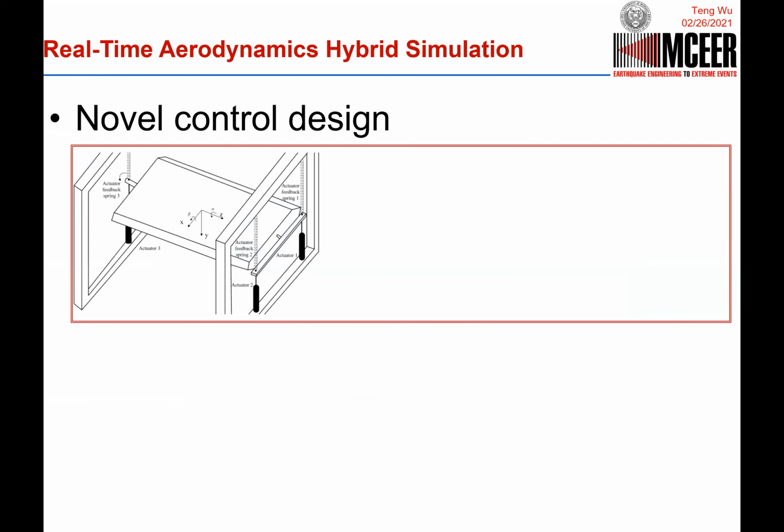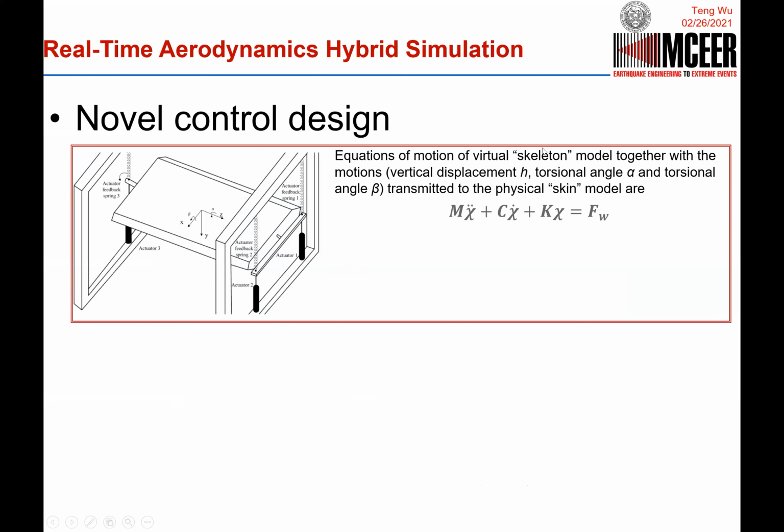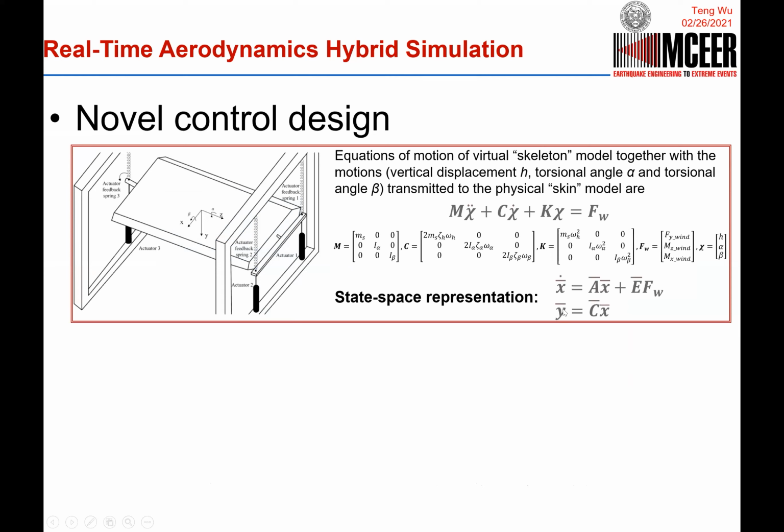If we have a bridge section model, the structural dynamics of the skeleton for this 3 degrees of freedom system is pretty straightforward. It has parameters and can be represented in state space. Here y-bar is the displacement transmitted from the skeleton to the physical model.